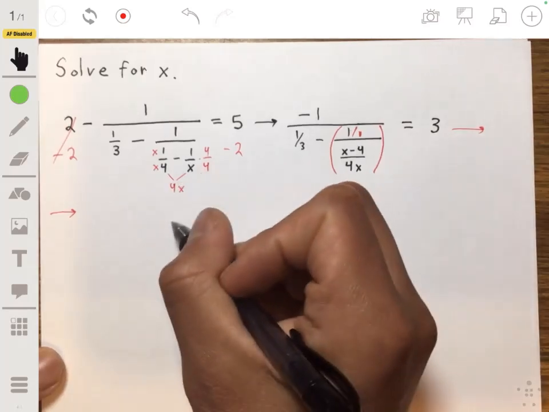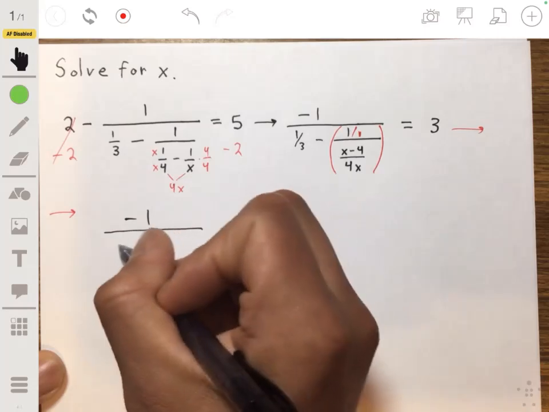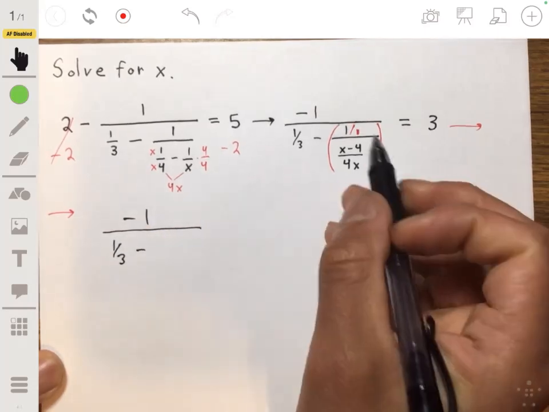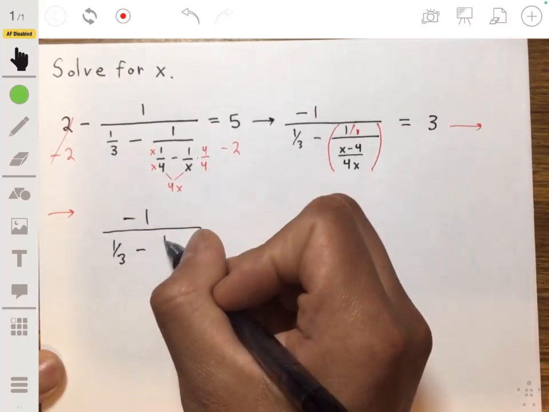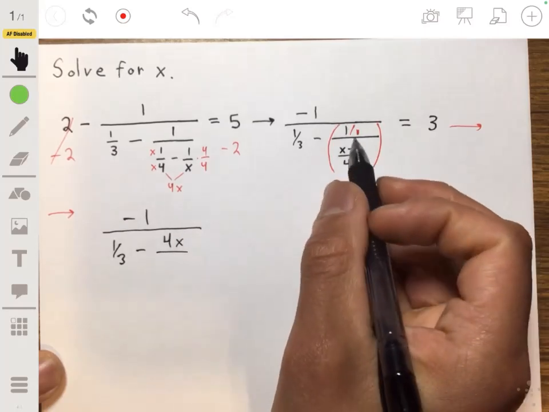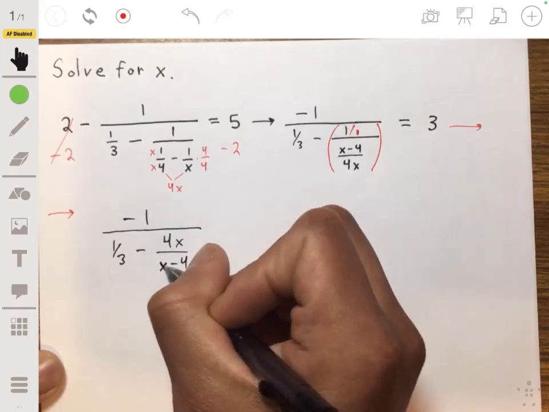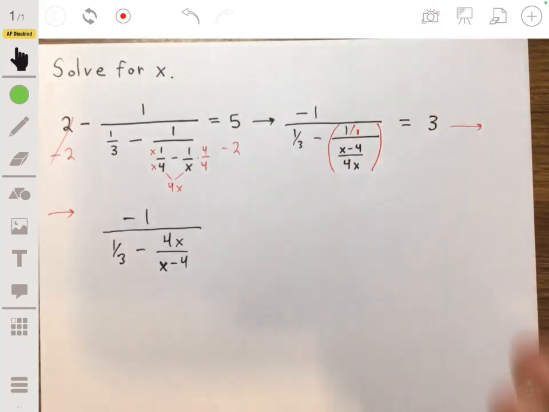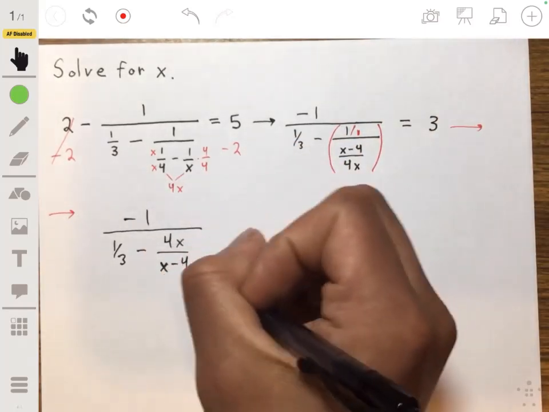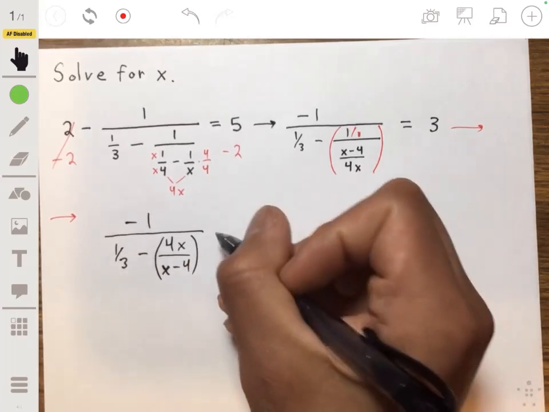So let me first write the rest so I don't confuse you all. The -1, 1/3. So this becomes 4x over x minus 4. And times 1 over 1, it's the same thing. That's why I'm not going to write 1 over 1, because we all know that 1 over 1 doesn't change anything.